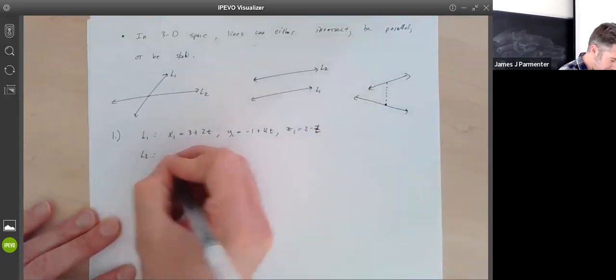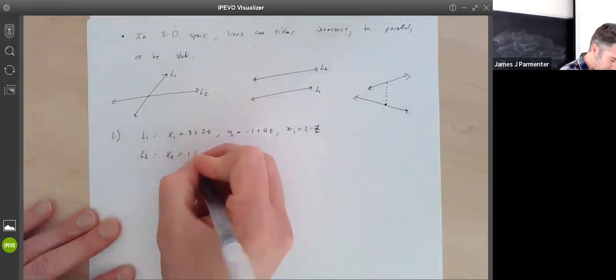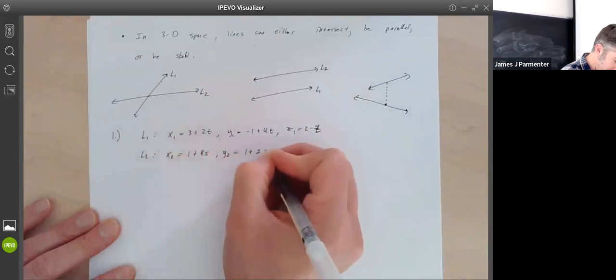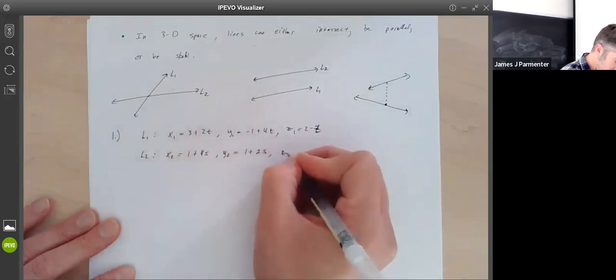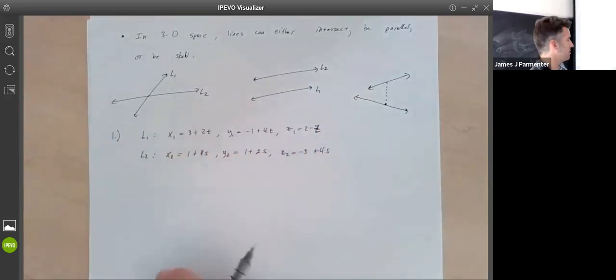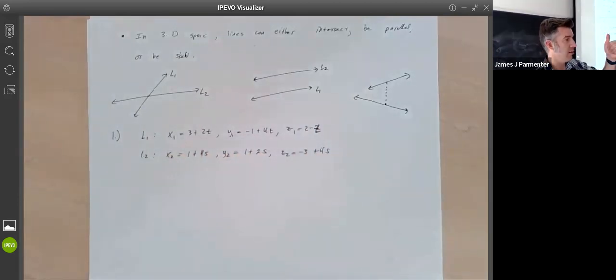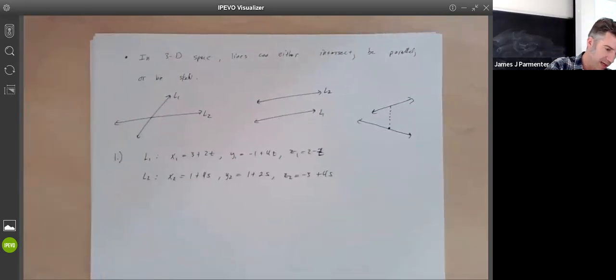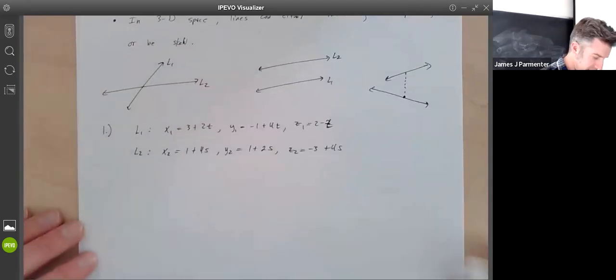And then the second line given by x2 equal to 1 plus 4s, y2 equal to 1 plus 2s, and z2 equal to -3 plus 4s. Do these lines intersect? Are they parallel or are they skew? The first one, z1 equal to 2 minus t. I know I kind of flubbed the t there and started drawing a 2 instead. But that is a t.